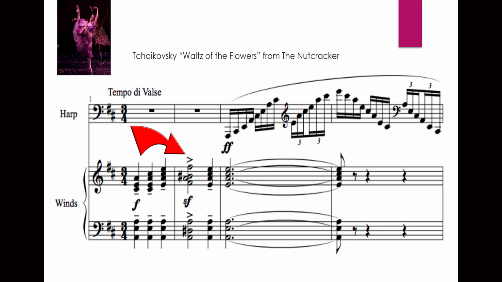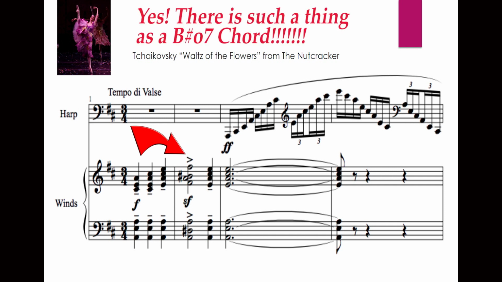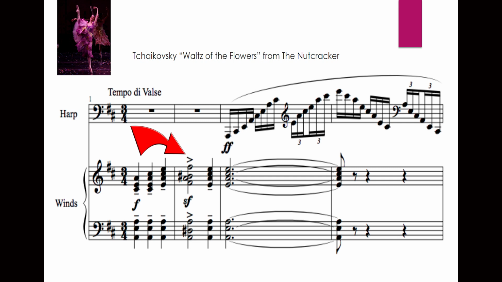So the chord is actually B sharp, D sharp, F sharp, A. It's a fully diminished seventh chord, A being the seventh. And you can see that that A is common to the A major chord that we have before and after this common tone diminished seventh. Its function is primarily to embellish A major.